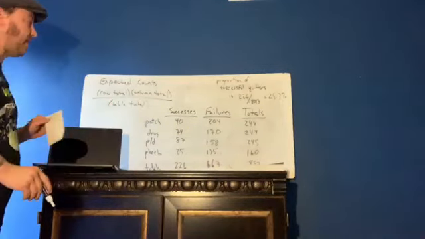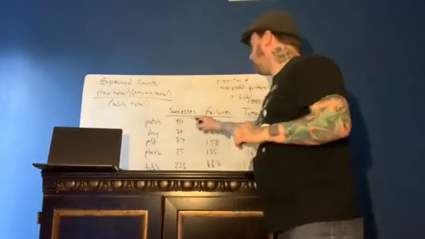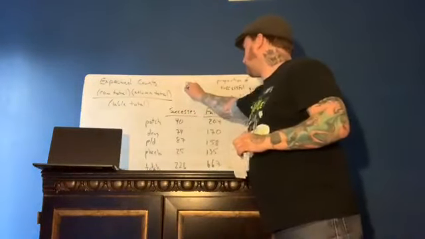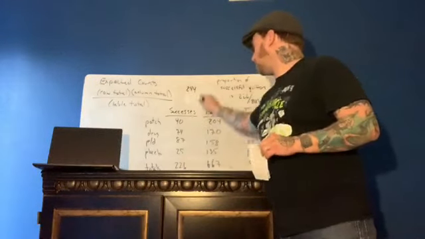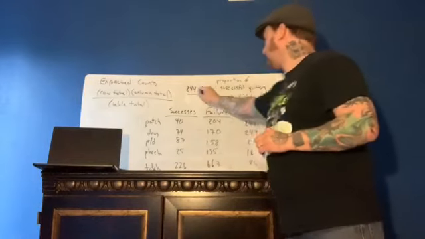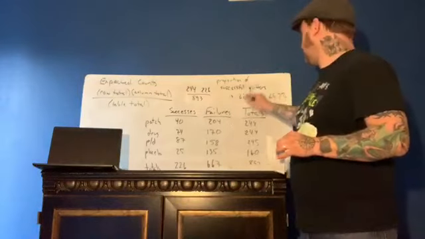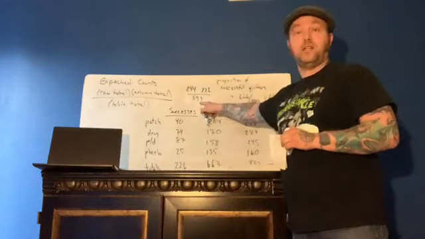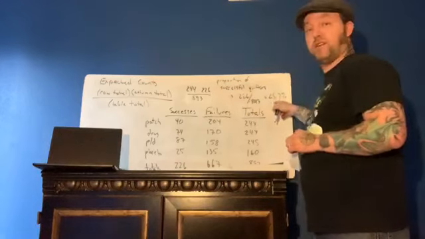So if I wanted to find the expected counts here, I would take 244 times 226 over 893. Now, remember, 226 over 893 is 25.3%.